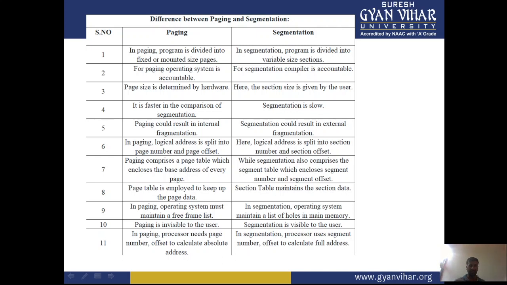Each table contains information on every segment page, while the segment table has information about every segment, which is mapped to the page tables. As a paging advantage, at the programmer level paging is a transparent function and does not require intervention. No external fragmentation is required. So that is all about segmentation and paging. Thank you.